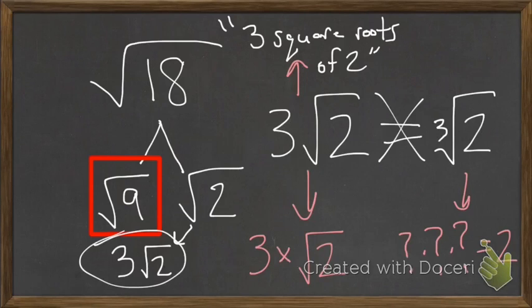There's 3 of them. This one we say, you guys probably remember this one already. This is the third root of 2. The quotes are just because that's how you say it.